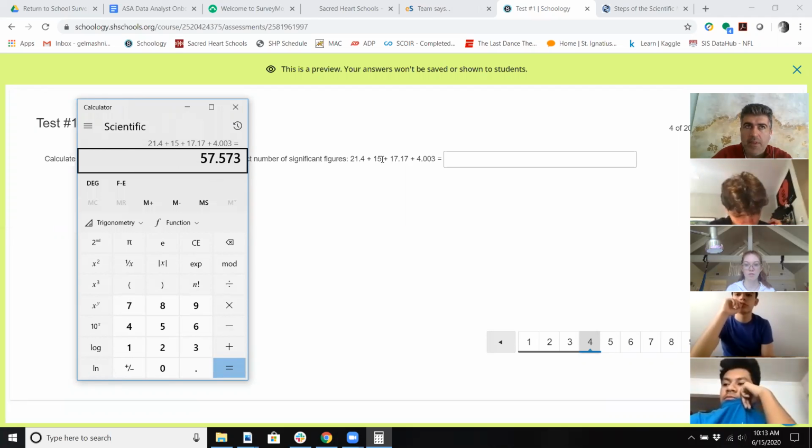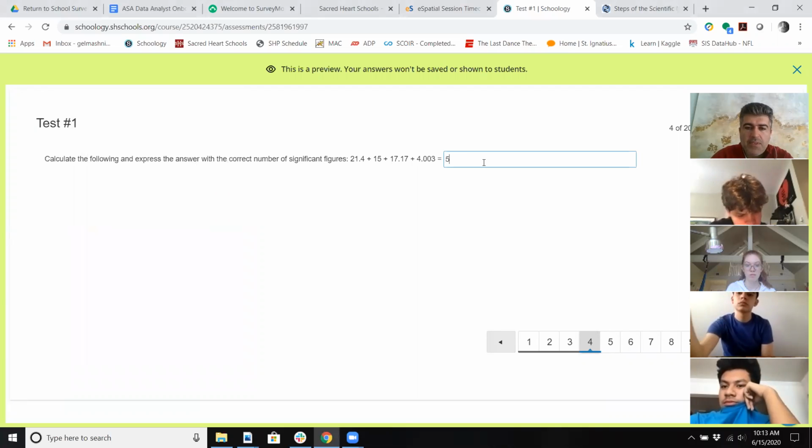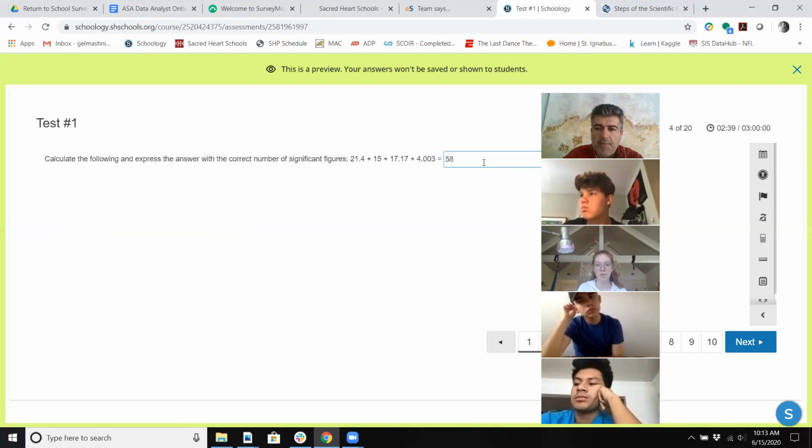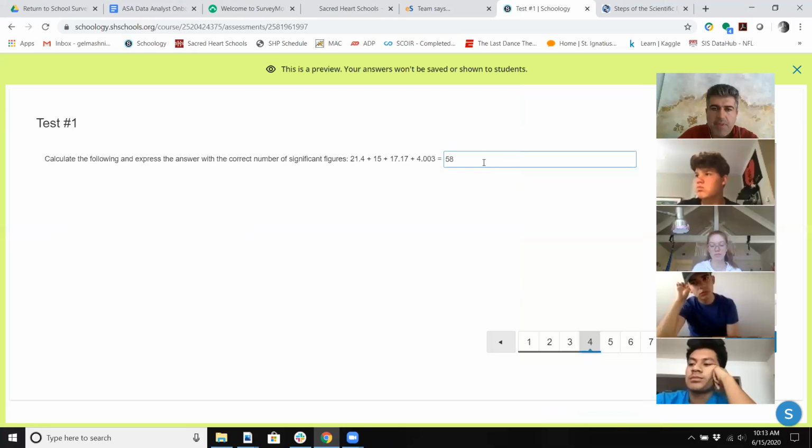That would be 15. It only has 2. So we have to round to that. That's why the answer is going to be 58 for that one. Now, if you put 57.6 or 57.573, I'll give you 1 point out of 2, as long as I can see your work. That was worth, I believe, 2 points. So that's 58.